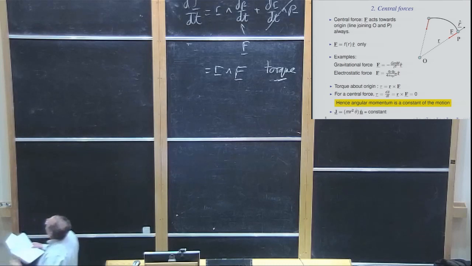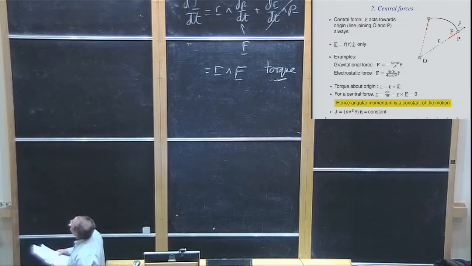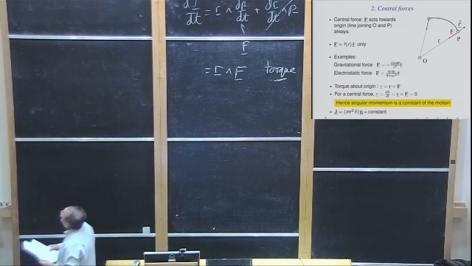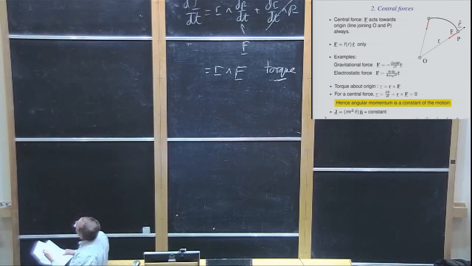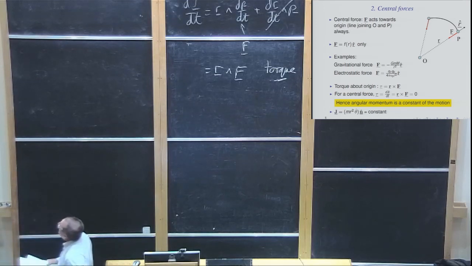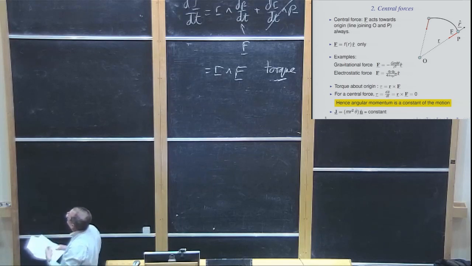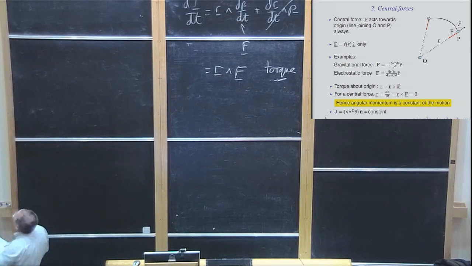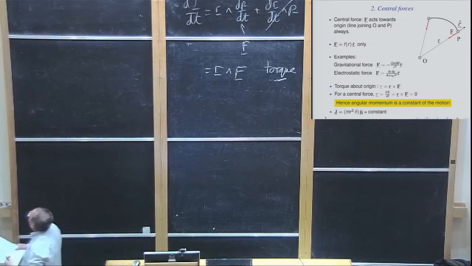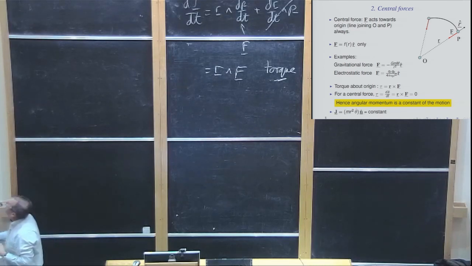Okay, so what consequences does this radial force have? We've defined torque. Let us therefore think what sort of torque such a force would exert in this case. So r cross F, F is of course just radial, so if we do r cross something which is radial, it will vanish. So a central force can exert no torque.